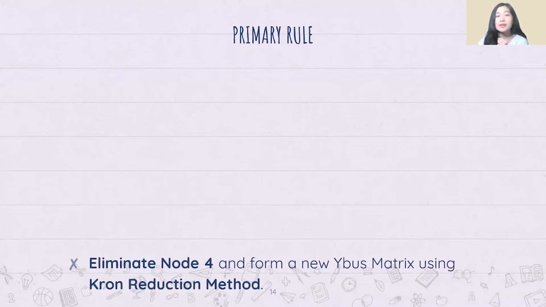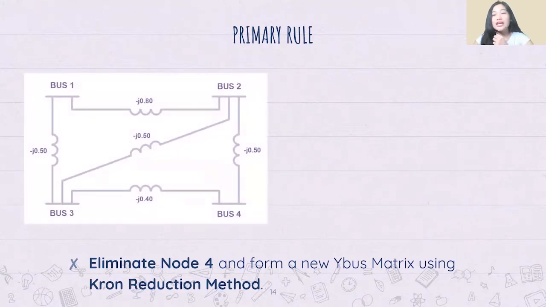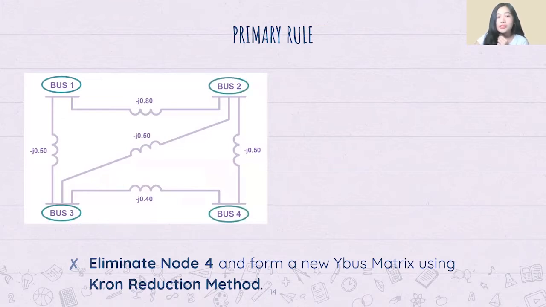Since given natin, di ba, sabi natin, if we have 4 buses, we have a 4 by 4 matrix. And from that 4 by 4 matrix, we have to form a new Y bus matrix using the Kron reduction method. And now flash into our screen is the circuit that we are going to use. So we have 1, 2, 3, and 4 buses. So meaning to say we have to create a 4 by 4 Y bus admittance matrix.